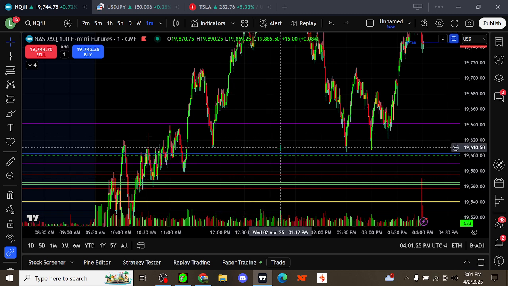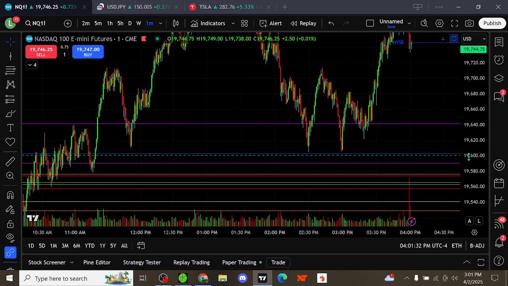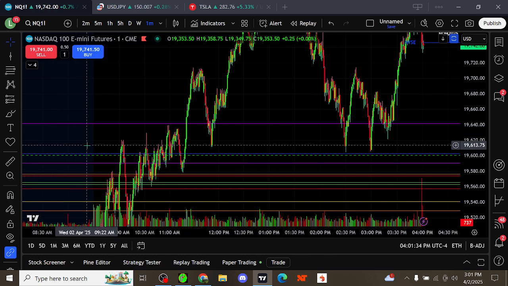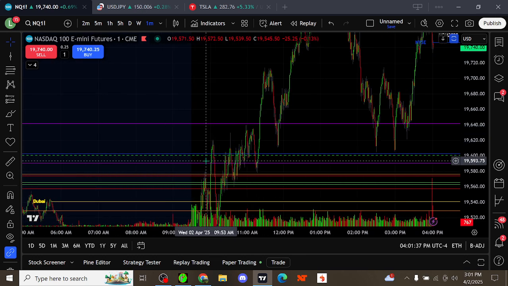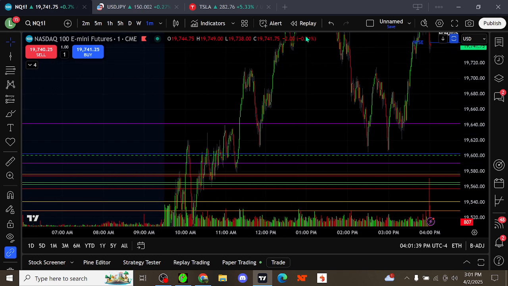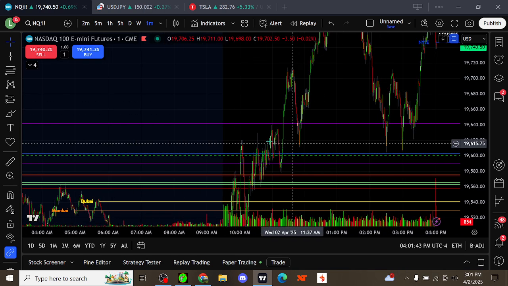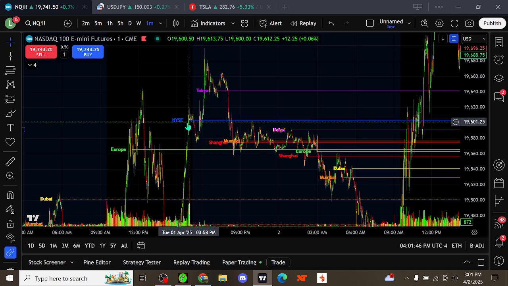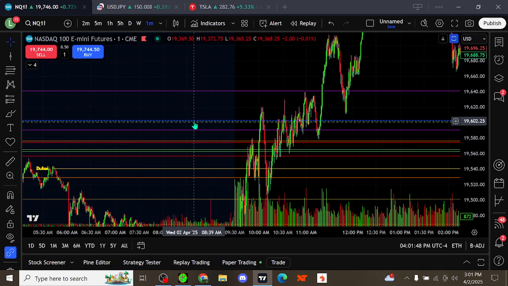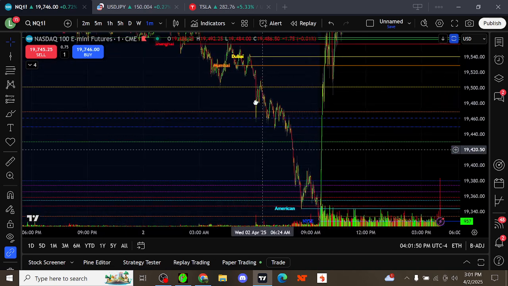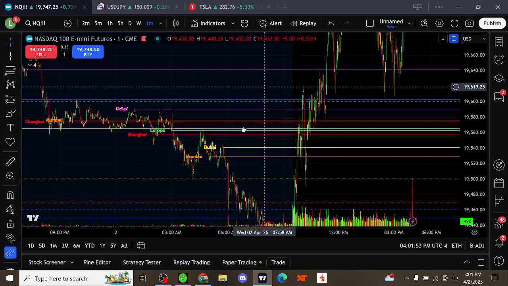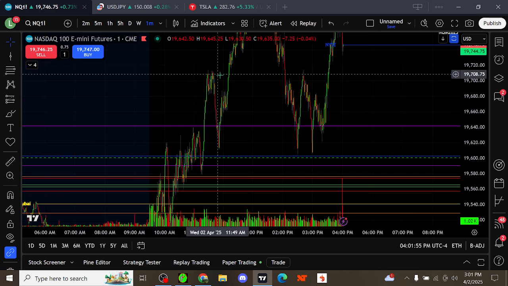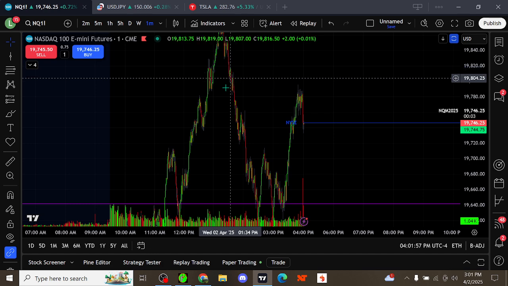Eventually the level won't be as relevant anymore once it's been used a bunch of times, right? But it's still fairly fresh. So there are people who may have held through drawdown from short positions that were here, and they want to get out at break even. Let's say someone took a short position yesterday at the stock exchange close, and they were doing well, but what if they didn't take profit down here, and then price starts going against them, and they think, I don't think this is working out.